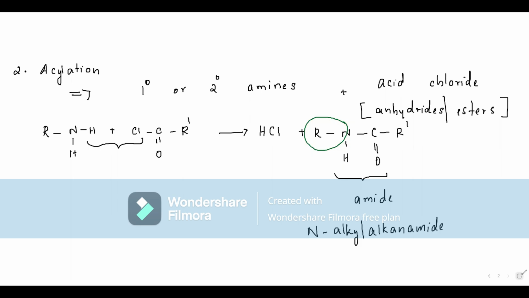Let's take a specific example. CH3 NH2 methanamine. I'm treating this with CH3 C double bond O Cl.